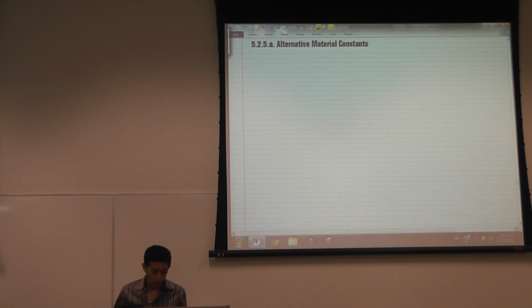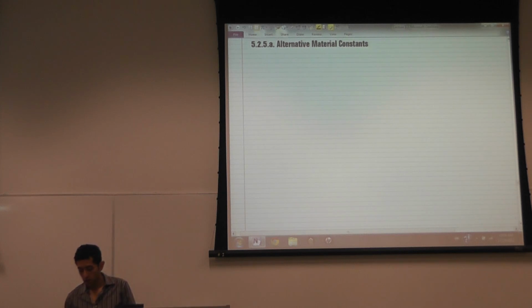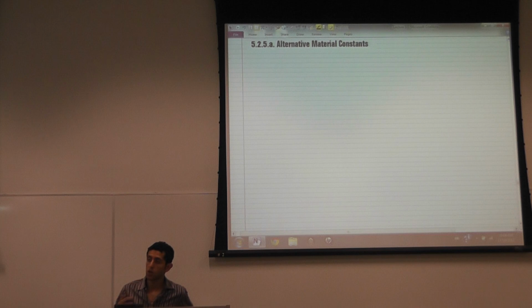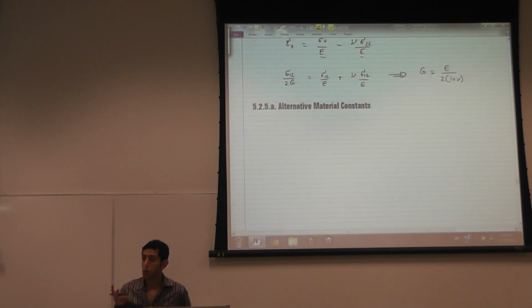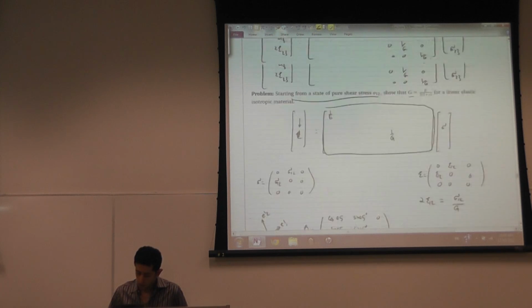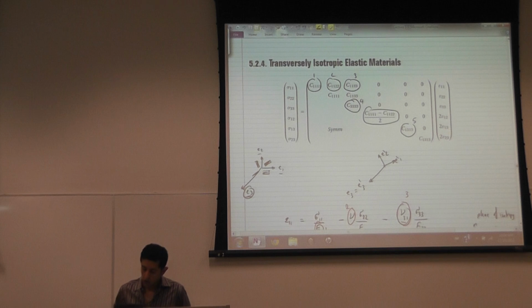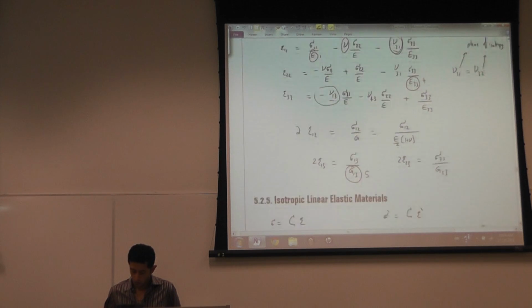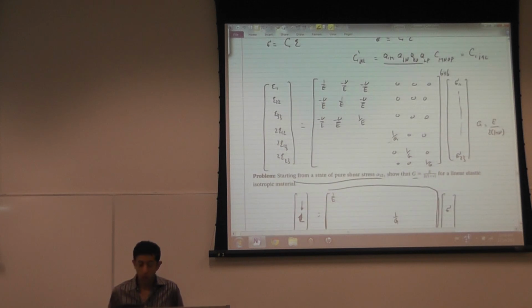Throughout the development of the constitutive relationships between the stress and the strain, there are different constants that were developed along the way, although the relationship is fully described by two constants. These two constants could be simply E and Poisson's ratio.